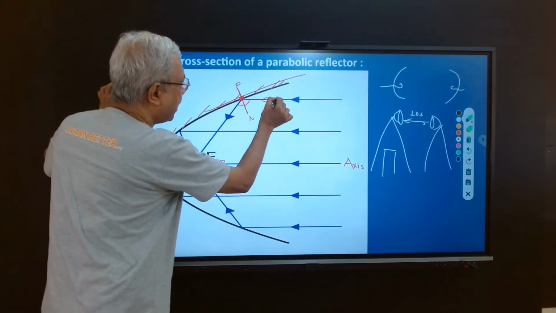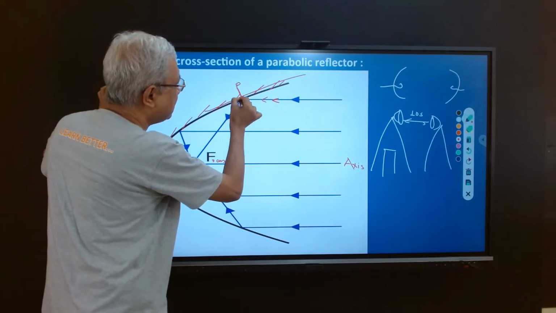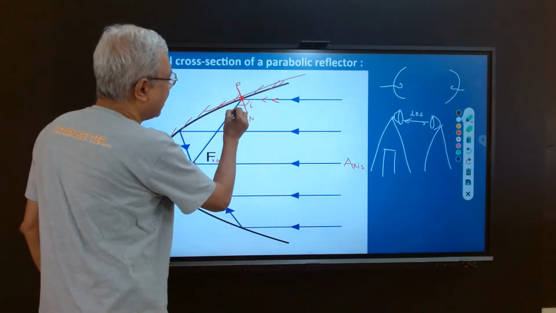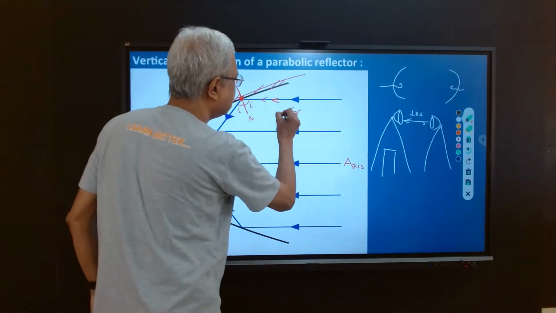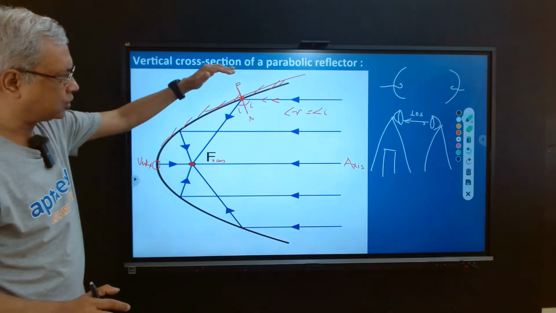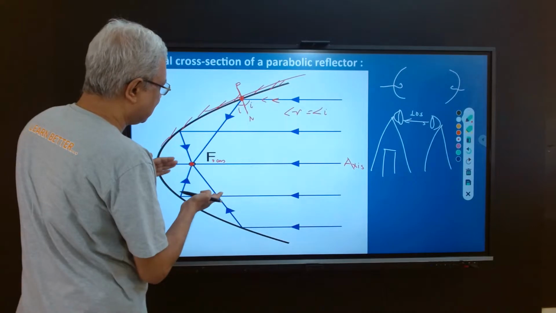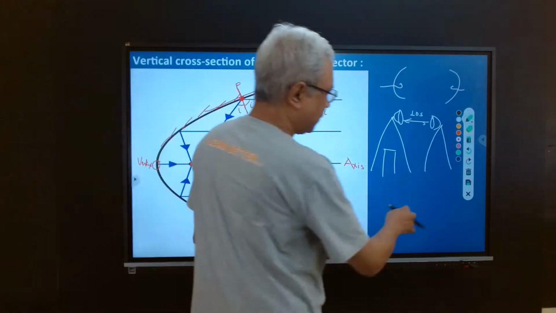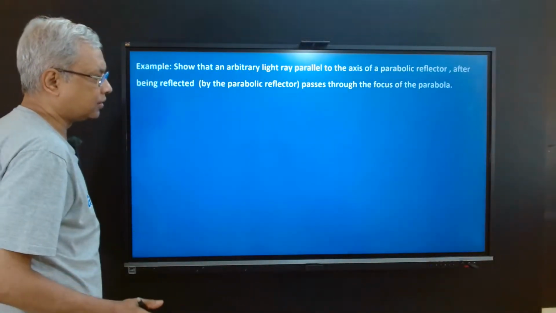So when the light ray strikes the point P, the angle it makes with the normal at P is the angle of incidence, and the angle of reflection will be the same because angle R is equal to angle I as per Snell's law. So considering all these things, we will show that the light rays after reflection pass through the focus. Okay, so let us see how mathematically we can show this.